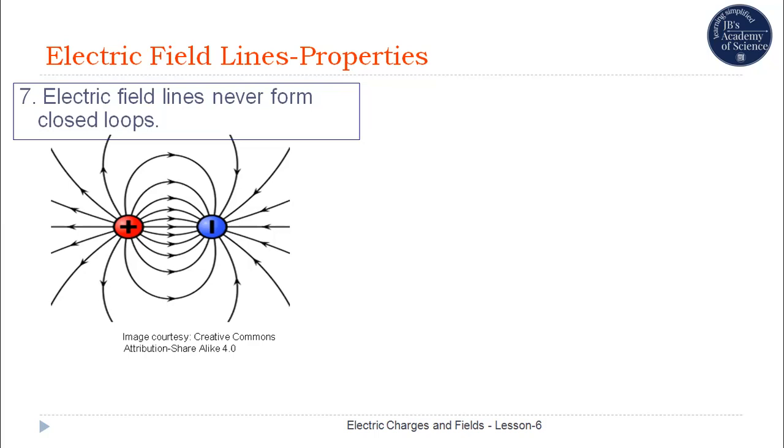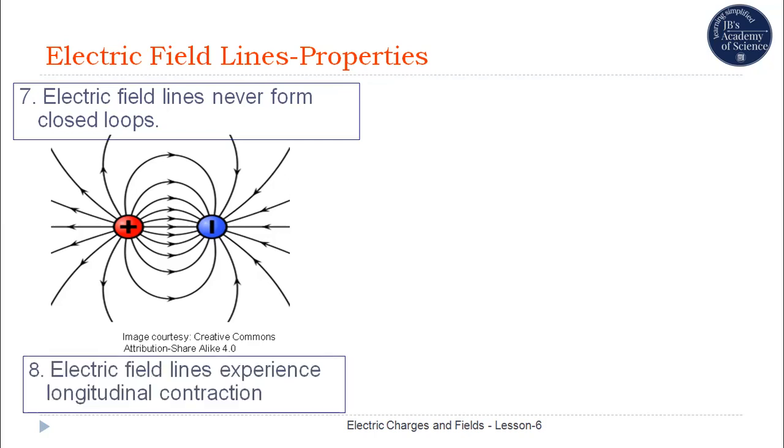They are always from positive to negative charge. Therefore, they never form closed loops. In this picture, electric lines of force from a positive to a negative charge are shown. We can see that all the electric lines of force originate from the positive charge and end on the negative charge.